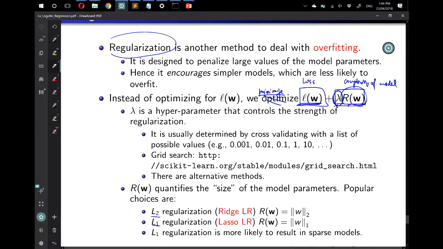For the loss function, it achieves its minimum, which is 0, if all the observed data is accurately predicted by the model. So there is no discrepancy, right? That's achieving the minimum loss, which is 0. On the other hand, for the second component, it's 0 only when W equals 0.